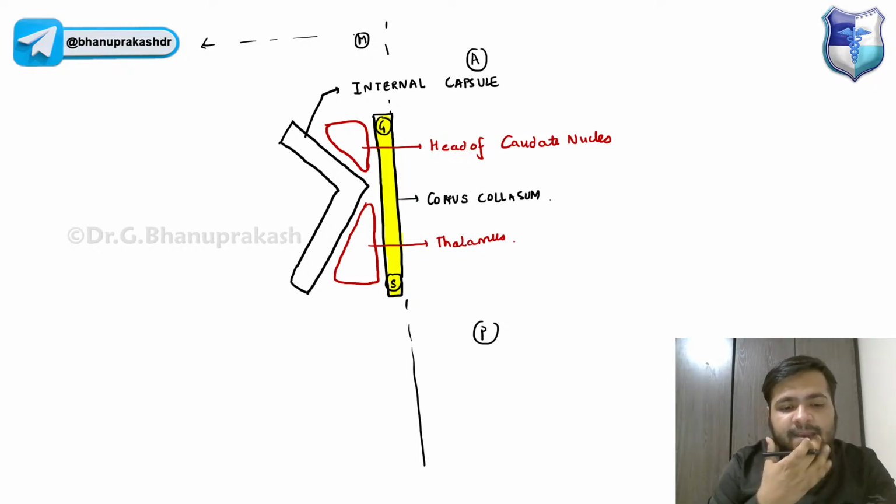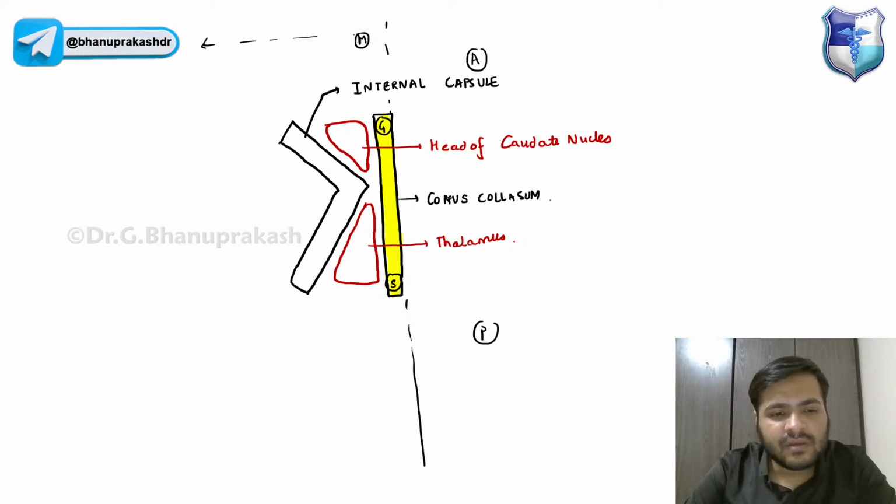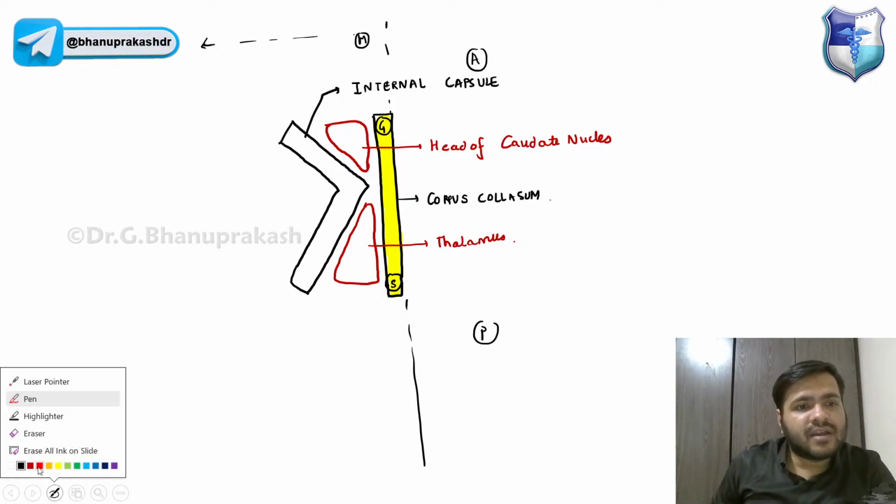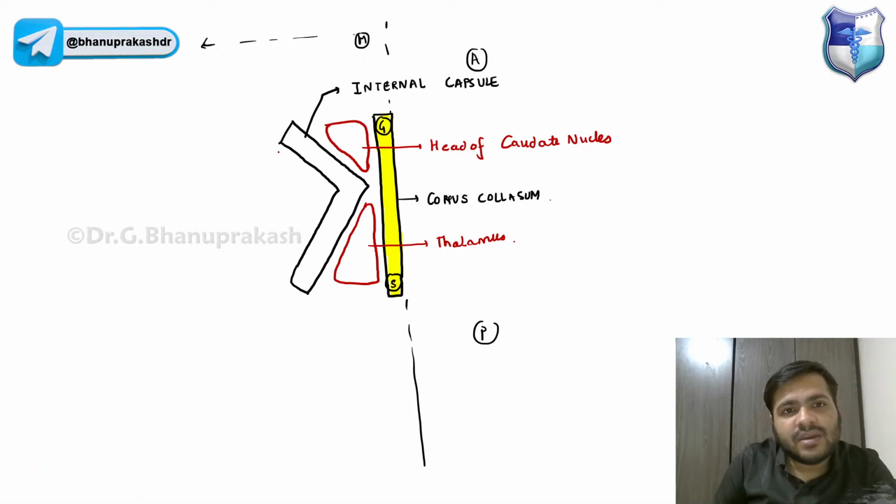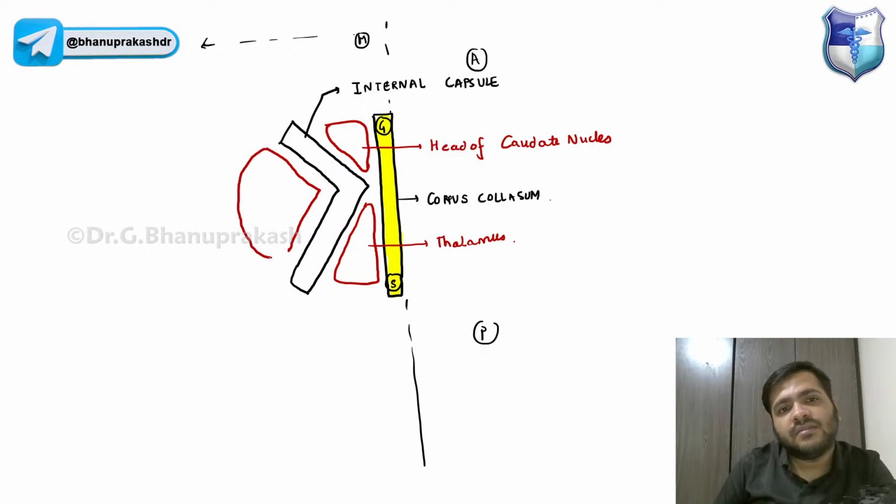And guys, you will find another structure which you can see over here in this part. I will be discussing the internal capsule in detail, no need to worry. This structure is called the lentiform nucleus. This is called the lentiform nucleus.